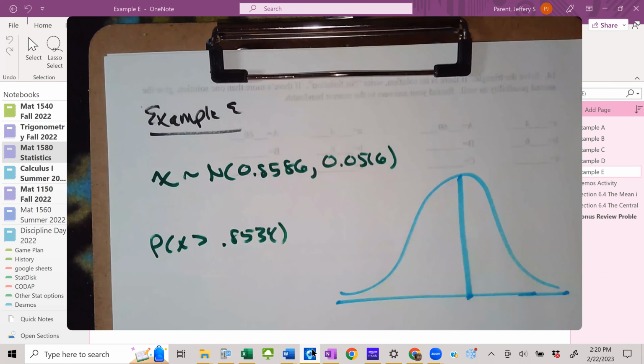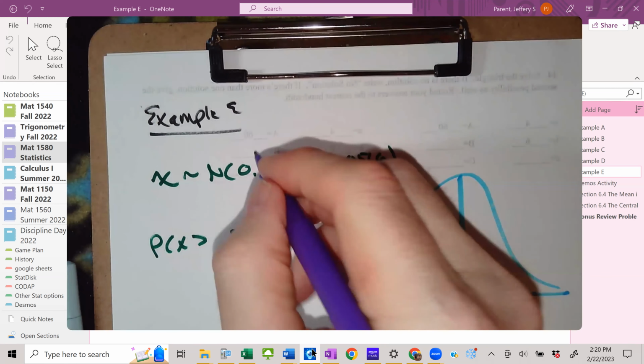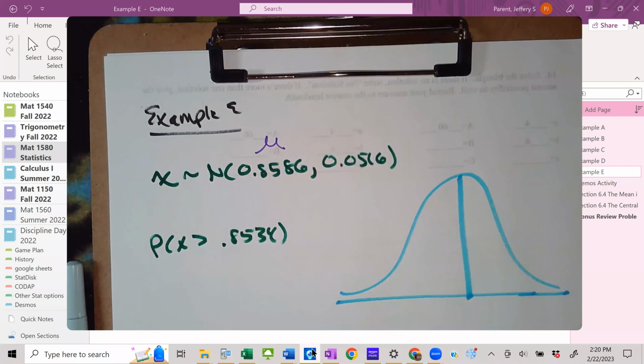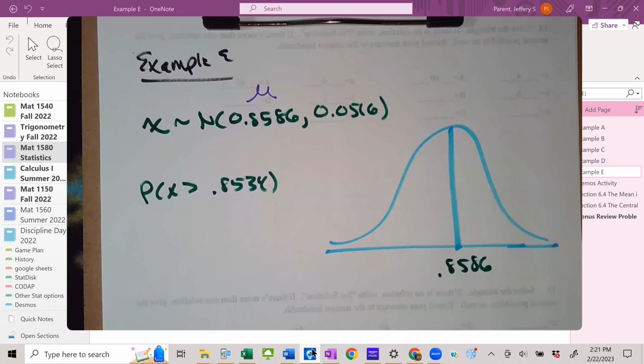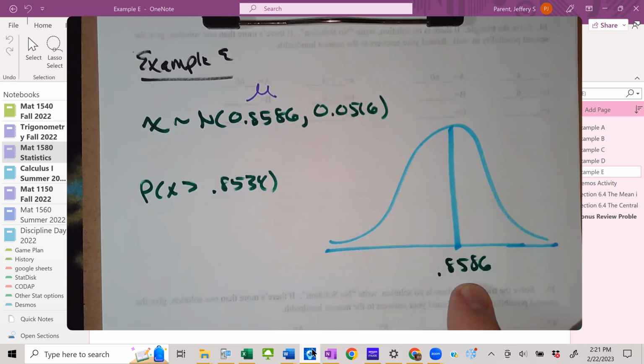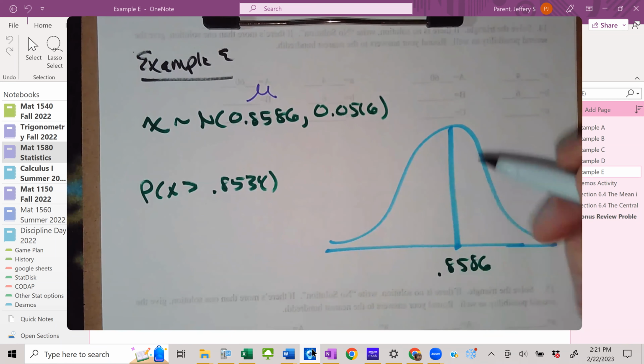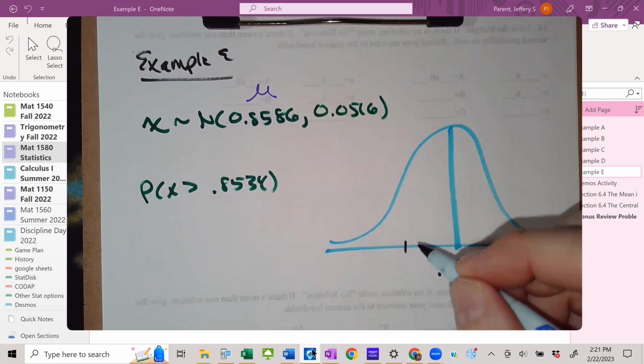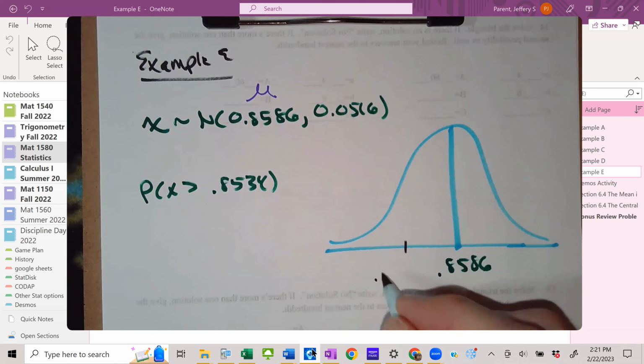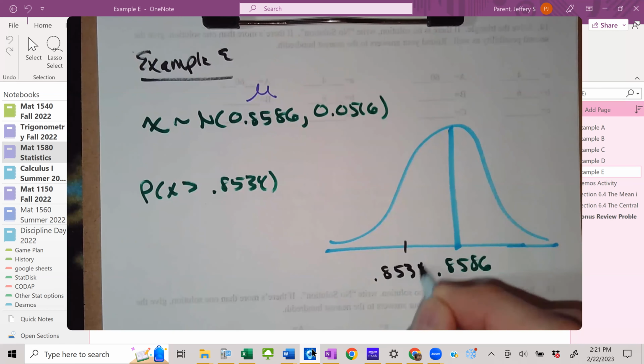The middle number gets labeled with my mu. So 0.8586. In relation to 0.8586, where am I going to draw 0.8534? To the left or to the right of that number? Barely to the left. Yep, a little bit to the left. 0.8534.